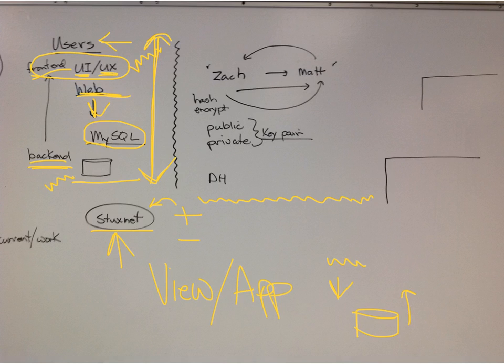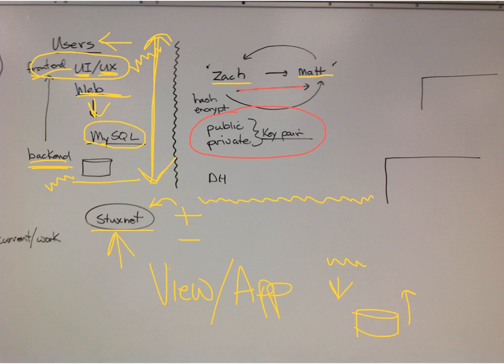Alright, then we have a little bit more about security. In this case, we were saying if Zach wants to send a message to Matt, we're going to talk through this. First of all, if we want this message to be secured, so this is for encryption, we can have public and private keys.